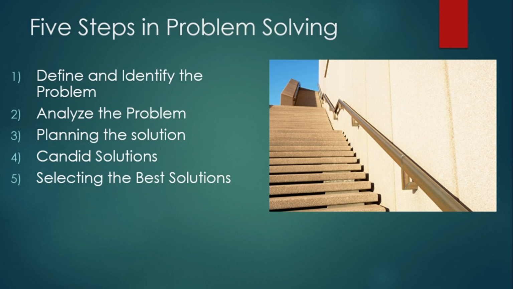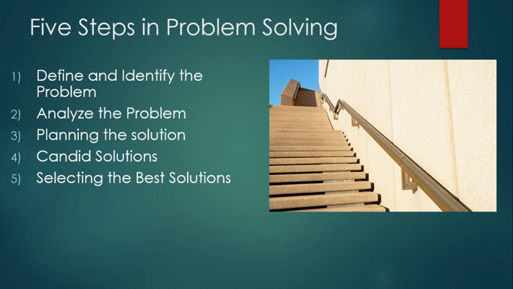Number 3, planning the solution. You decide the steps or logic needed to solve the problem. Number 4, find the candidate solutions. You think about different possible ways to solve the same problem. Now the last one, select the best solution among all the solutions. You choose the one that is efficient, cost effective and simple.